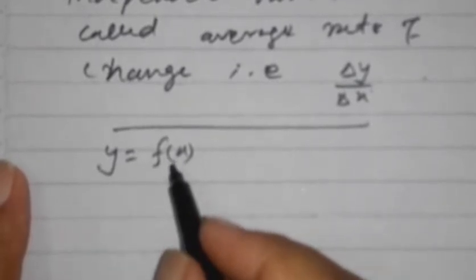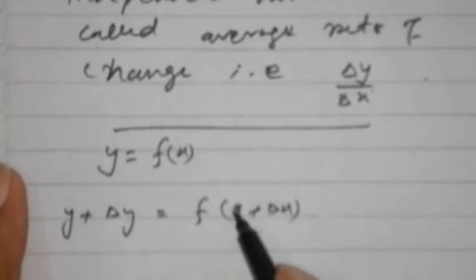Let us add an increment on both sides. y plus del y equals f of x plus del x. What is this del y? This is change in dependent variable, and this del x is change in independent variable.